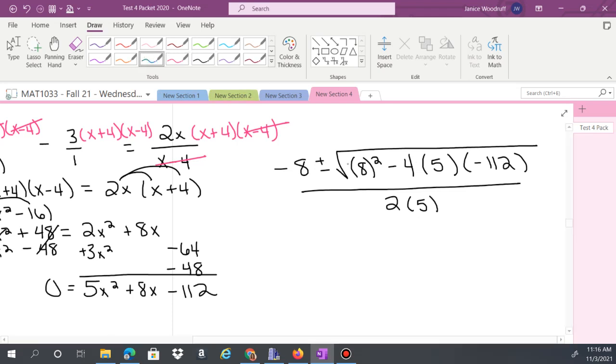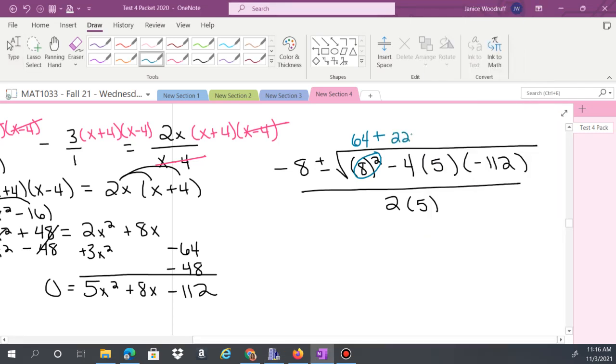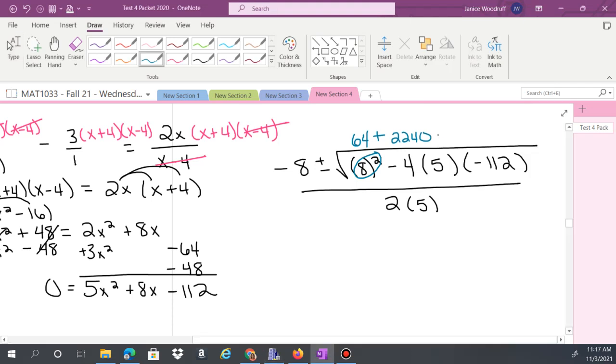All right, let's work this through underneath the radical. So 8 squared is going to give me 64. I have 2 negative signs, so that's going to be a plus. 4 times 5 times 112 is going to give me 2240. And 64 plus 2240 is 2304.